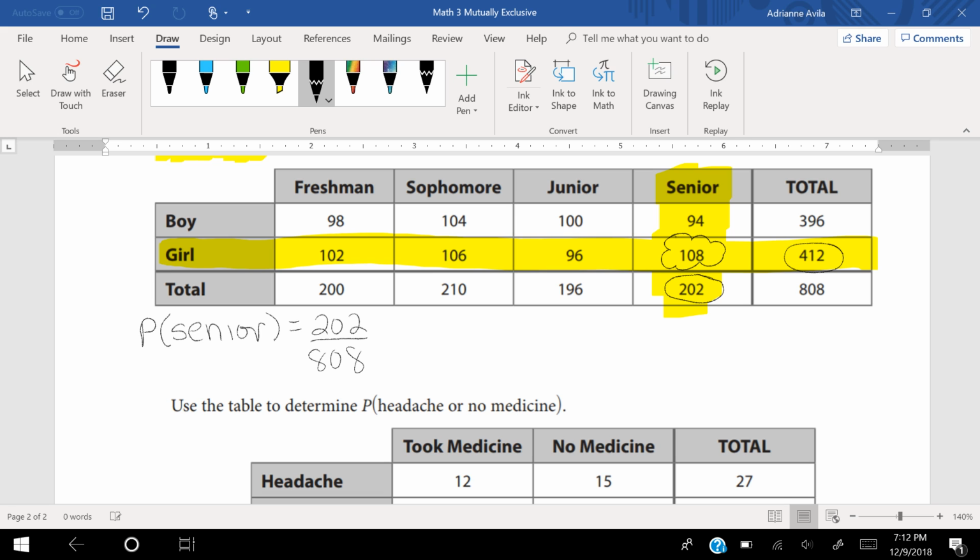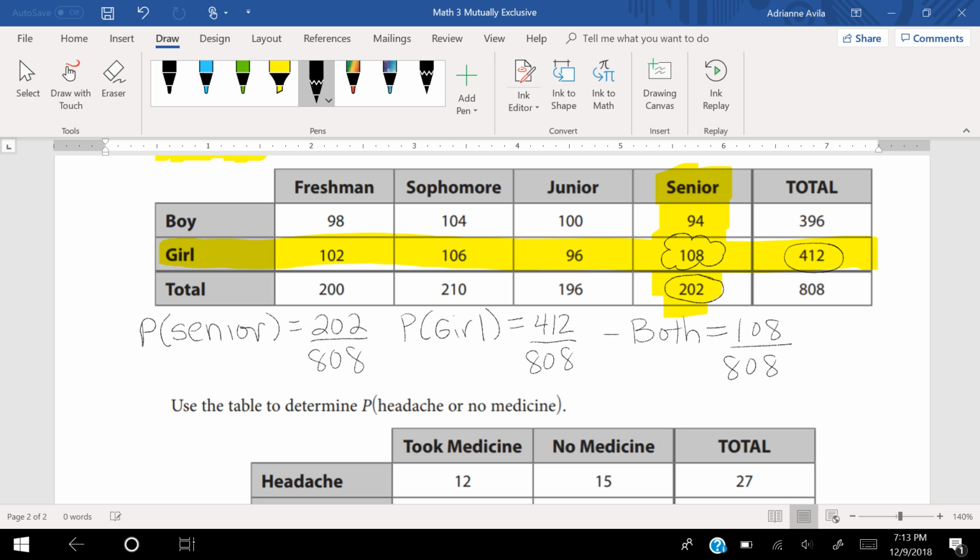The probability of being a girl, well, that is the 412 out of 808. And so if I added those two together, I would also have to subtract off the probability that you are both a senior and a girl. And that right there is the 108 out of 808.